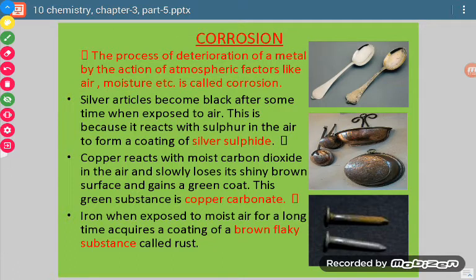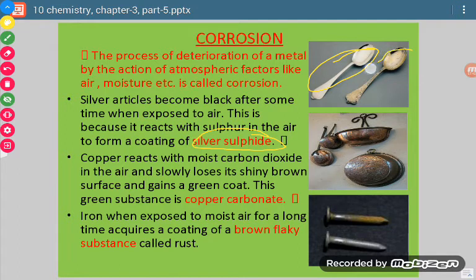Okay, now let us take a few examples. Sometimes they are asked also. Now if we take this silver spoon and keep it exposed in the air, it gets moisture and oxygen, so there is formation of silver sulfide.